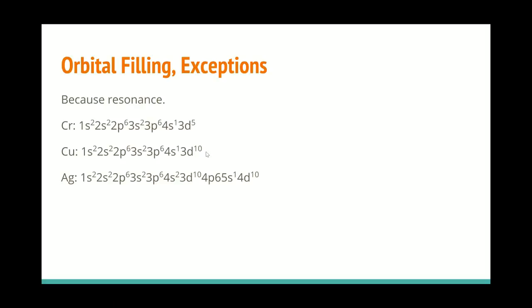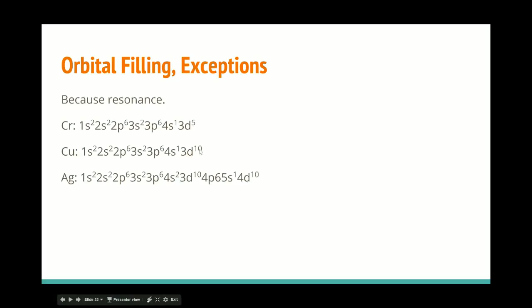Okay. Other exceptions you need to know are copper is sometimes an exception, okay, because it can form either a 1 plus or 2 plus ion. We're looking at lower energy levels, so the difference between 4s and 3d is greater.